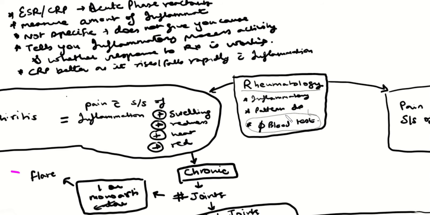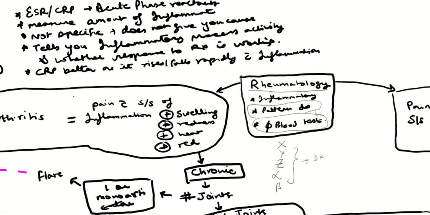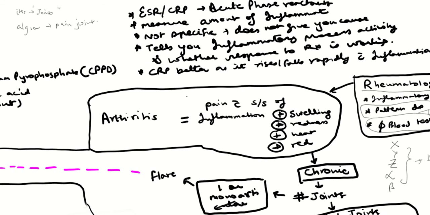Most of them are diseases where there's a pattern. So in other words, I got factor X, Y, Z, alpha, beta. You know what? I got this disease. Okay, so that's sort of where we are. So we understand the difference between arthritis and arthralgia and what rheumatology is.